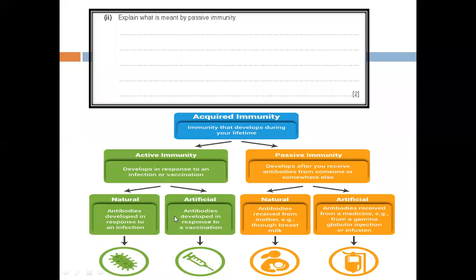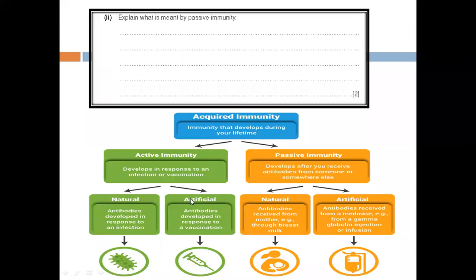In both cases, your immune system will be stimulated. And when your body's immune system is stimulated, what will happen? B lymphocytes will divide, and one B lymphocyte will become a plasma cell, which will start production of antibodies against that pathogen, while another will become a memory cell, and the memory cell will remain for a long time in your body.